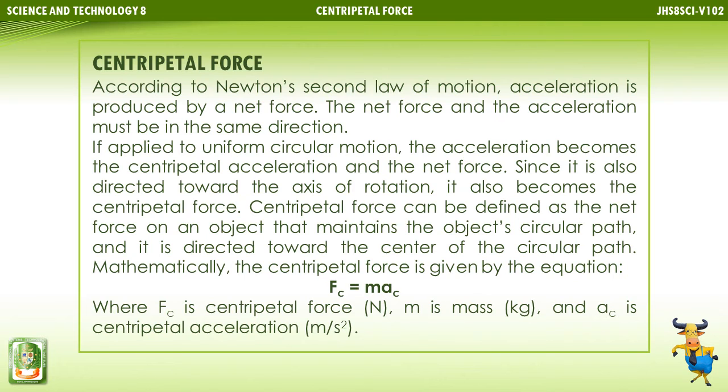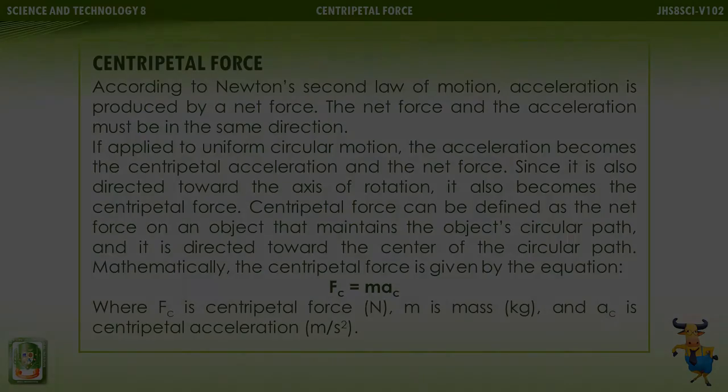Mathematically, the centripetal force is given by the equation F sub c equals m times a sub c, where F sub c is centripetal force in newtons, m is mass in kilograms, and a sub c is centripetal acceleration in meters per second squared.